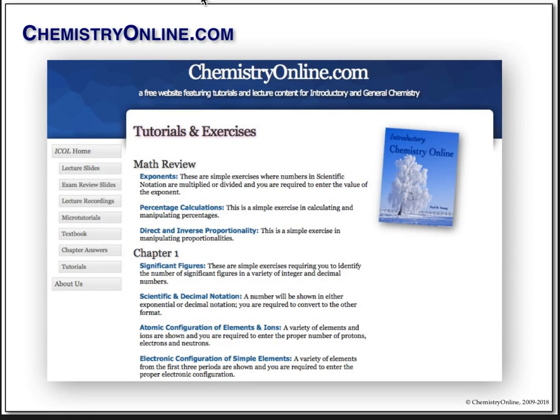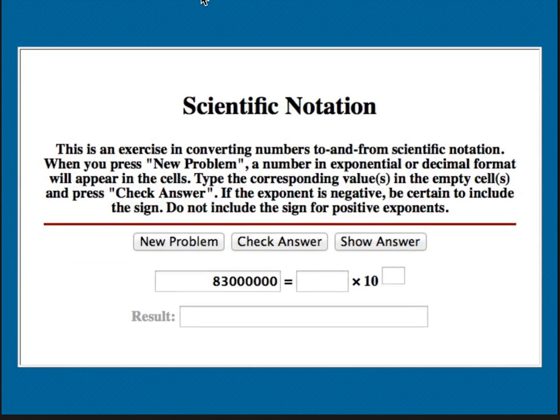It's here labeled scientific and decimal notation. Click on this, and this window opens. What you're supposed to do here, again, this is totally random numbers, so every time you go, you'll get different combinations. But you take this number and convert it to scientific notation.